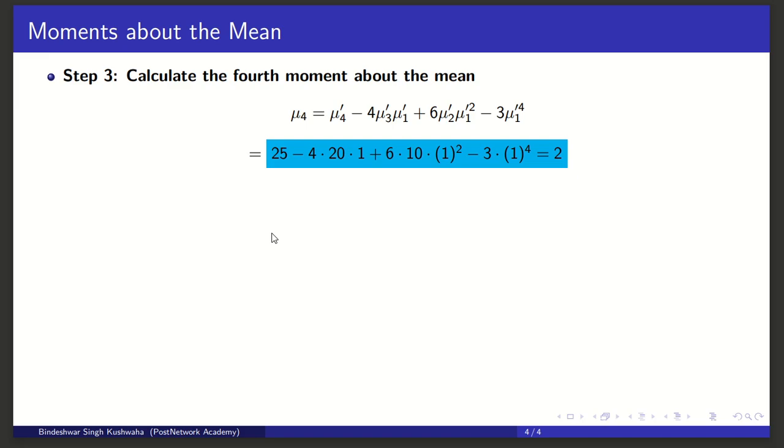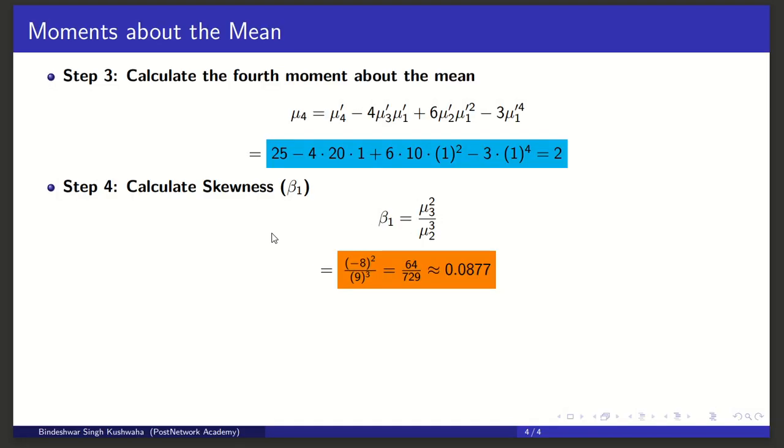Now these values, you can say that these moments will be required to find out beta 1 and beta 2. So beta 1 is mu 3 raised 2 upon mu 2 raised 3, and we plug the values, so we will get 0.0877.